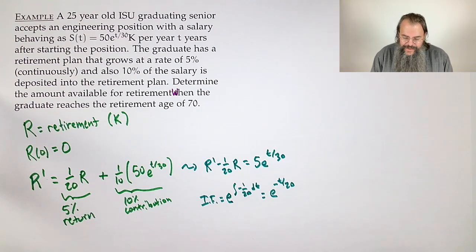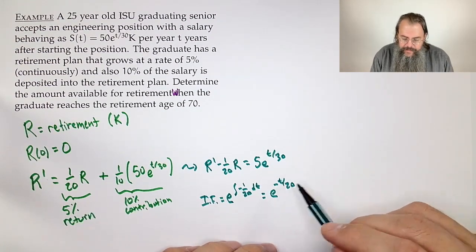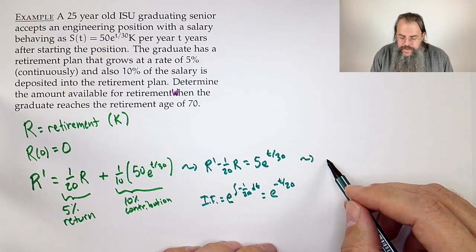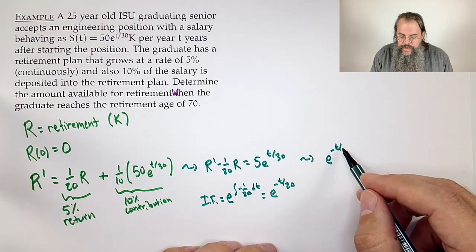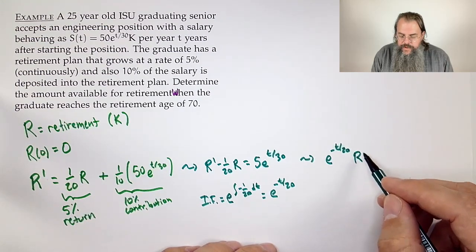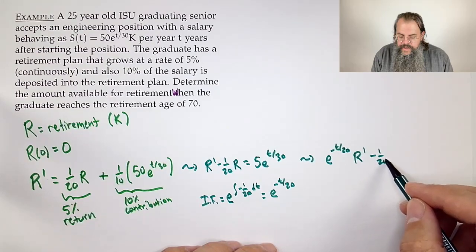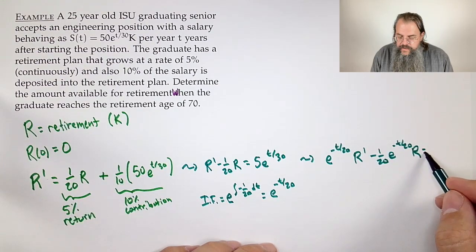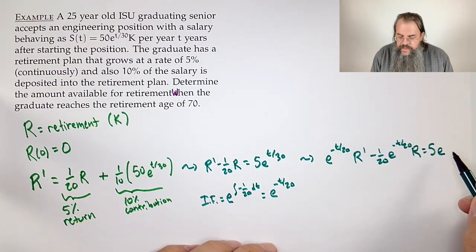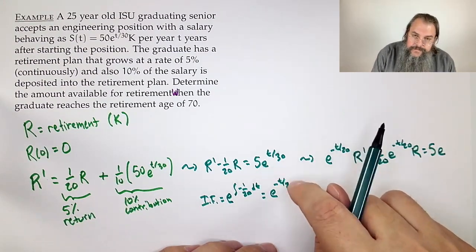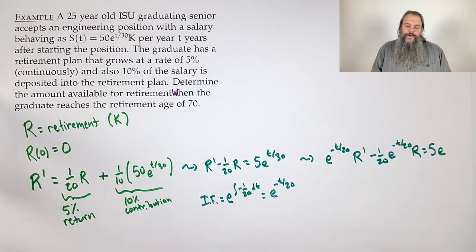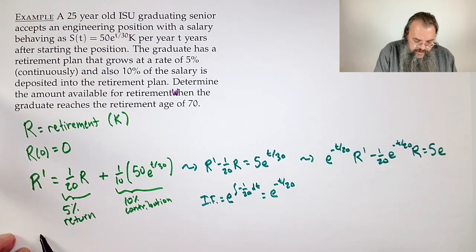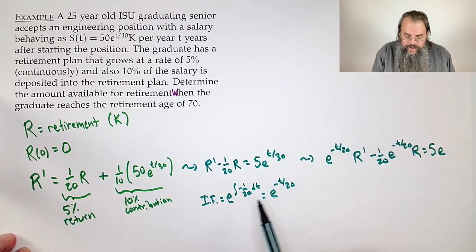Multiplying both sides by this e^(-t/20), we really have the following: e^(-t/20) R' minus 1/20 e^(-t/20) R equals 5e. Now, got to do a little bit of work here. Do a little side computation down here in the corner, because we're going to multiply.